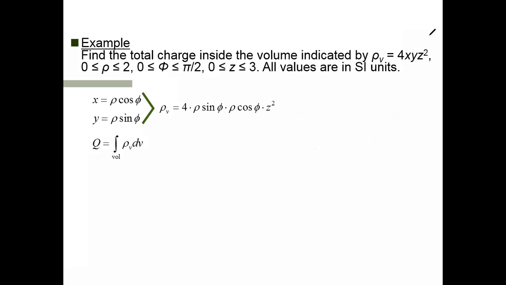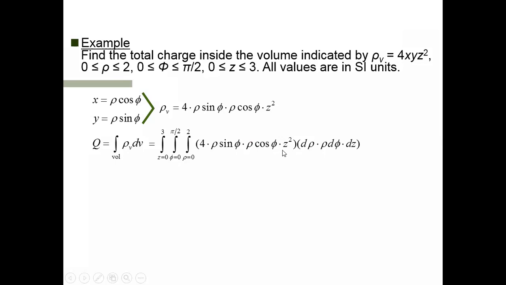So now you have an idea. Just see the solution very quickly. Rho is lying between 0 to 2. You see here rho sin phi, rho cos phi, and z square.